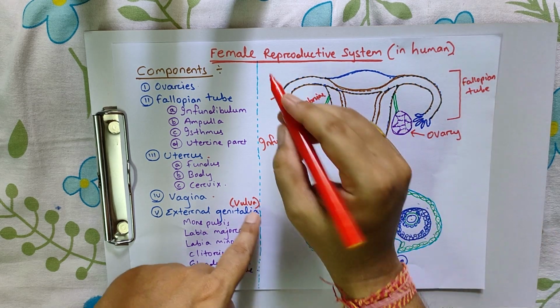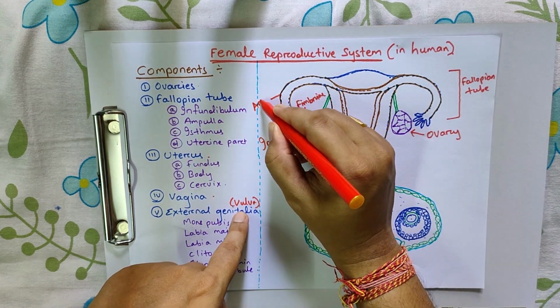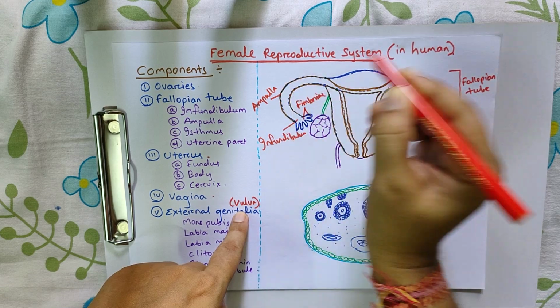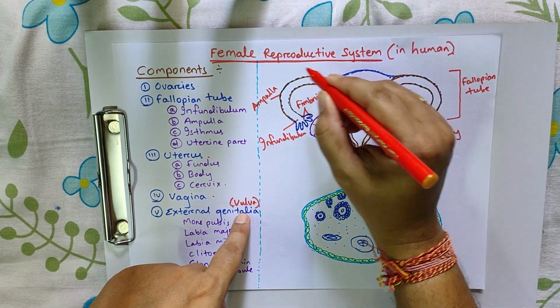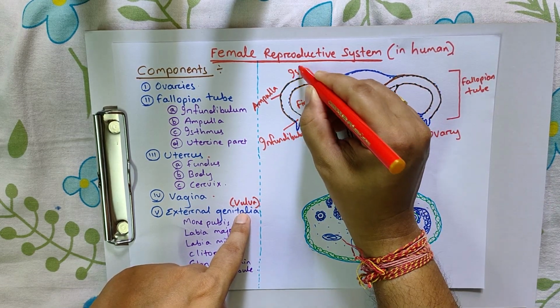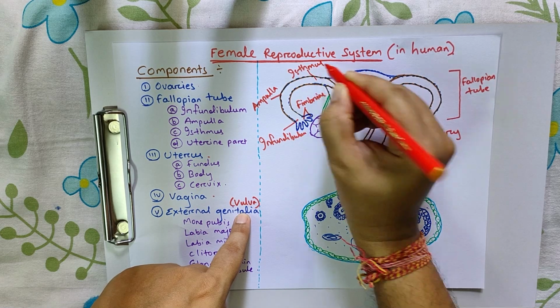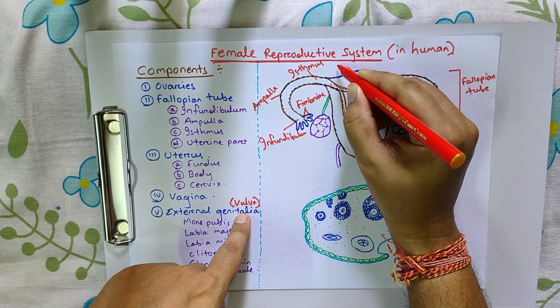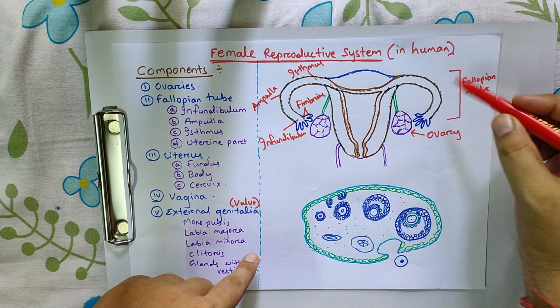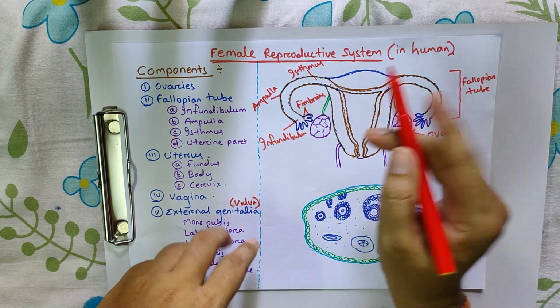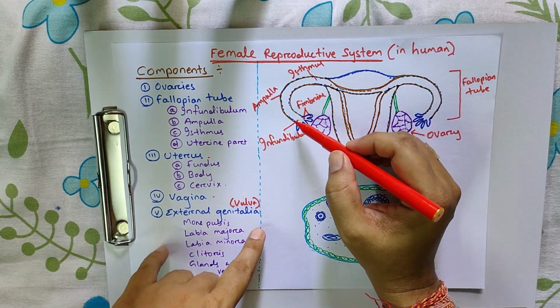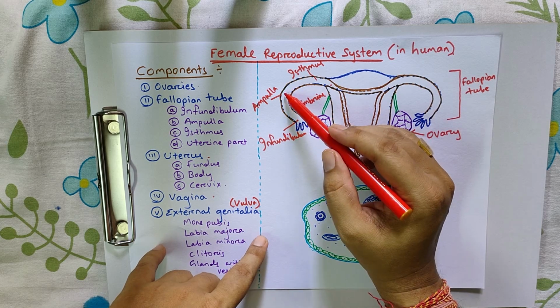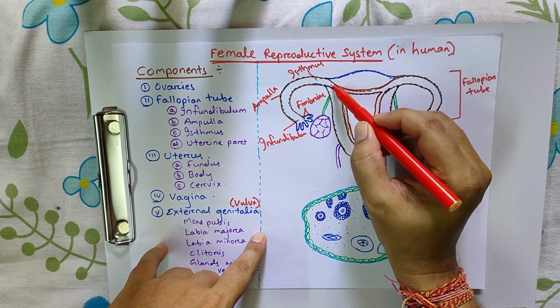This is the ampulla. This one is the isthmus, and this one is the uterine part. That means the fallopian tube has four components: infundibulum, ampulla, isthmus and uterine part.